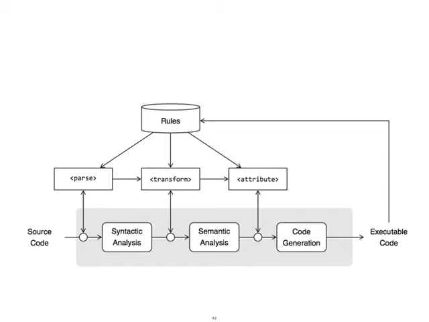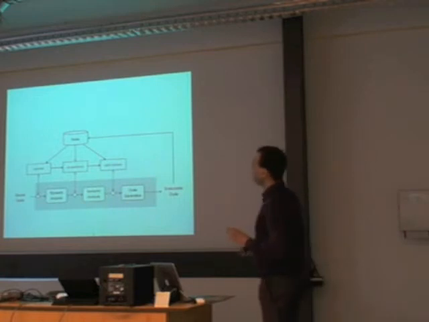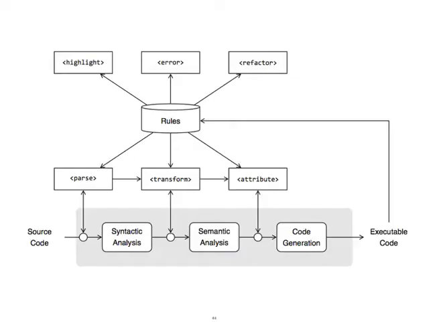Now what you see here is what is typically called an extensible compiler. A compiler that can be changed and adapted on the fly. But we take this model a step further to also use the same rules to adapt the tools and to make the tools changeable with the language.